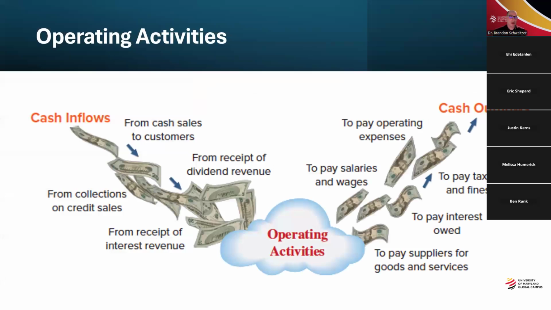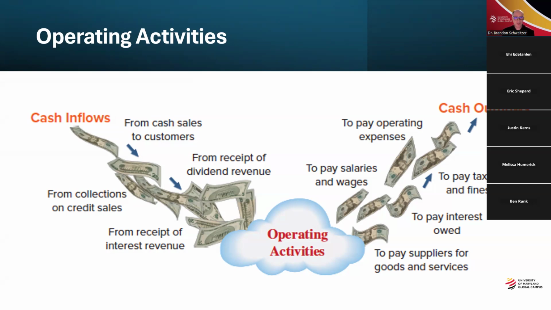When it comes to the operating activities, these include transactions and events that affect net income. Examples are the production and purchase of inventory, the sale of goods and services to customers, and the expenditures to operate the business. Not all items in income, such as unusual gains and losses, are considered to be operating activities.